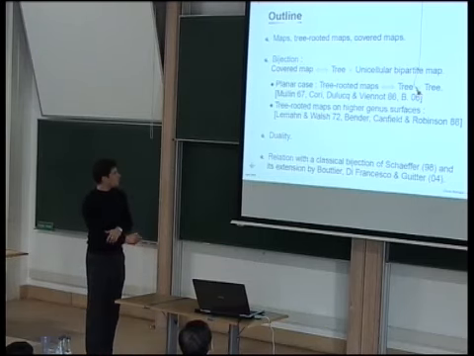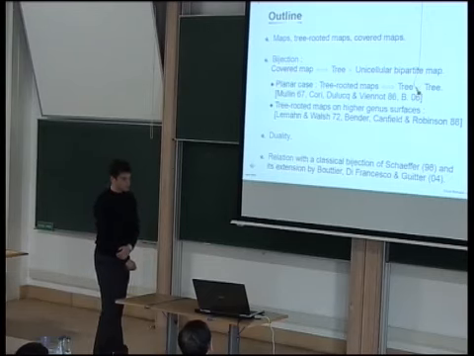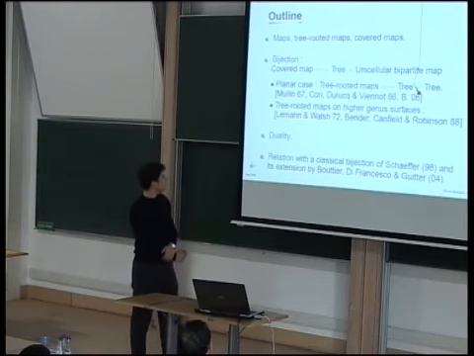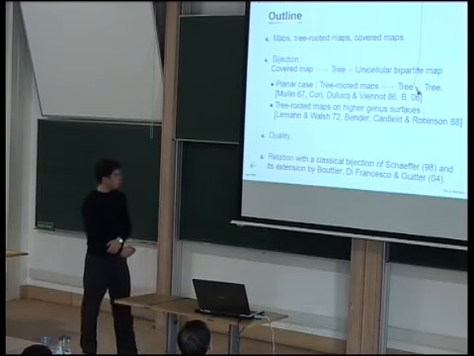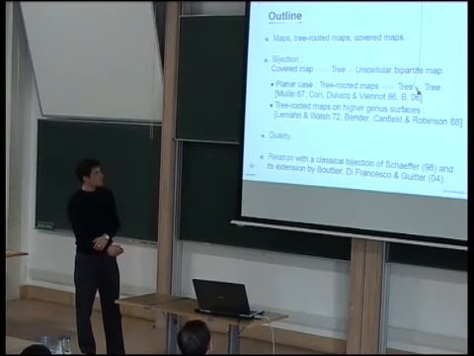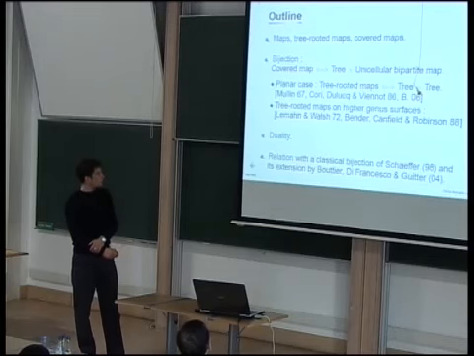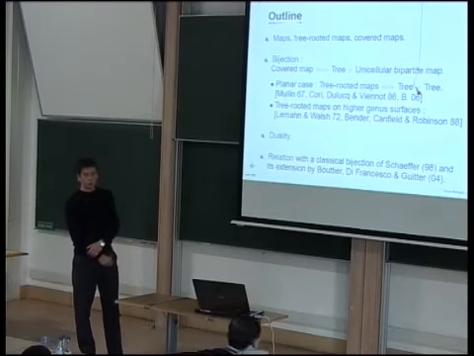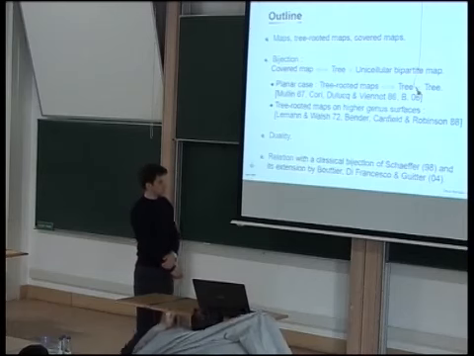There is a couple of references here. So Mullin was probably the first to study tree-rooted maps, and he found a very nice enumerative formula that suggested that such a bijection should exist. And this led Cori, Dulucq, and Viennot to find a bijection explaining this result.